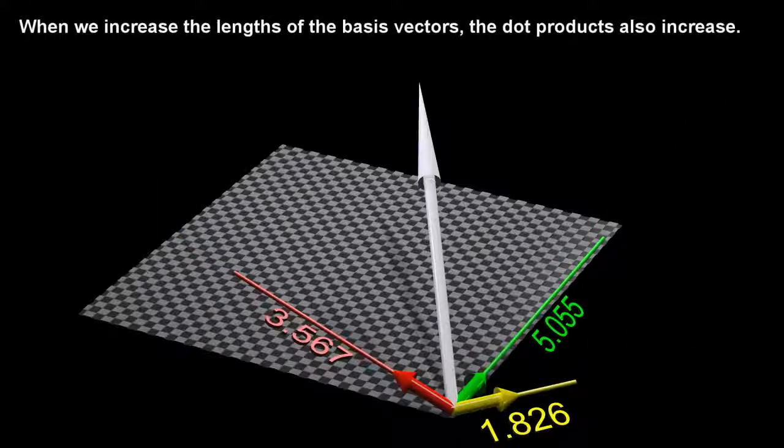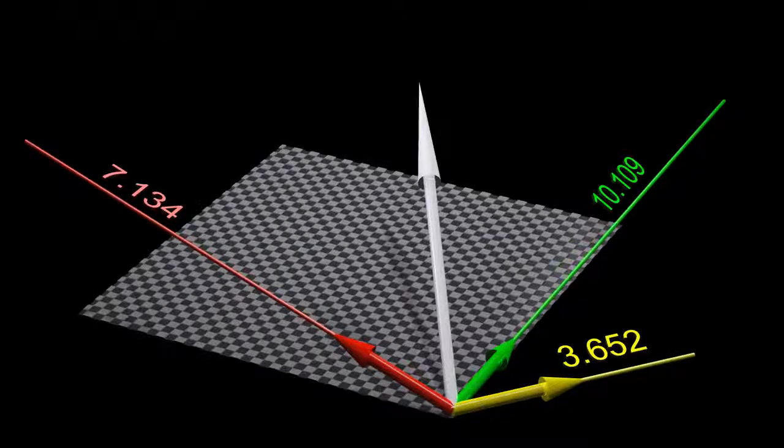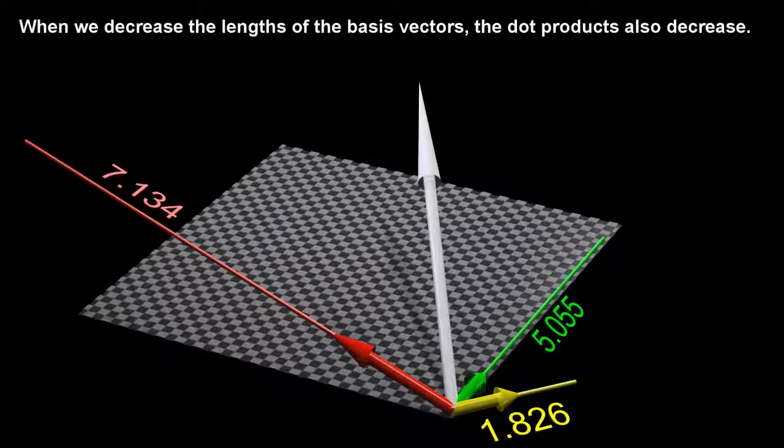When we increase the lengths of the basis vectors, the dot products also increase. When we decrease the lengths of the basis vectors, the dot products also decrease.